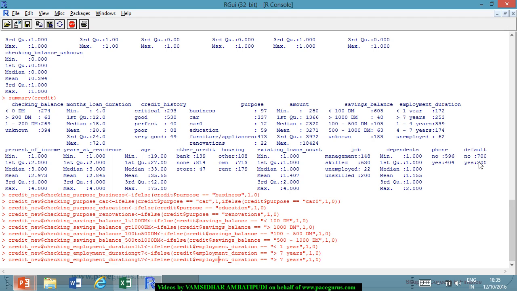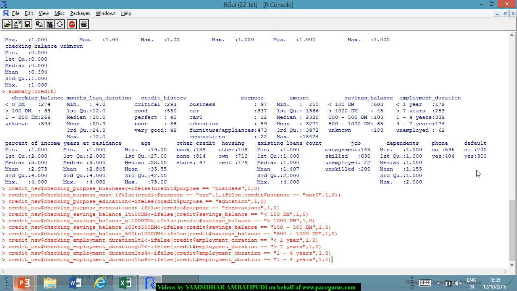Similarly, 1 to 4, instead of GT7, I'll call it as 1 to 4, and I would map it to 1 to 4 years. So there are 339 people falling in that category. And similarly, I could also set it as 4 to 7, wherein I am mapping this to 4 to 7.